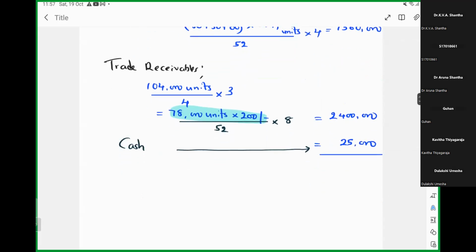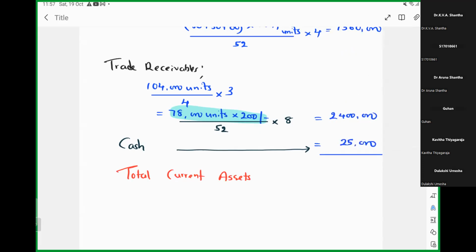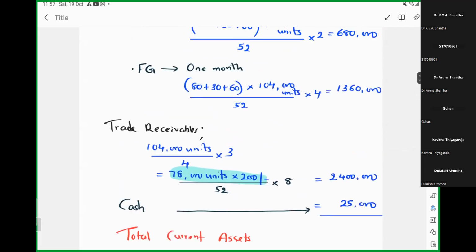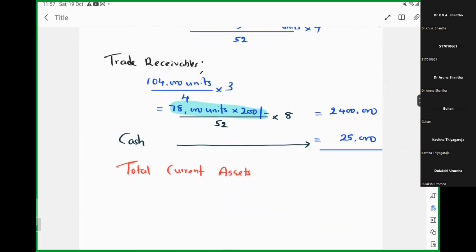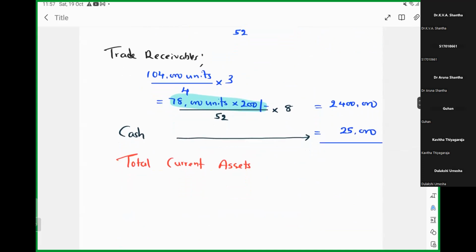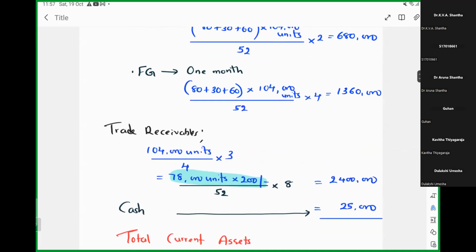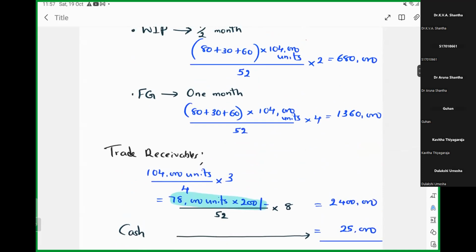How much are the total current assets? 640, 680, 306,000, 2.4 million, and 25.